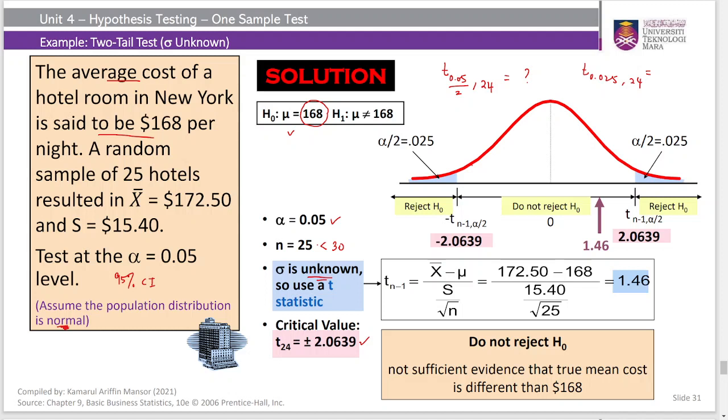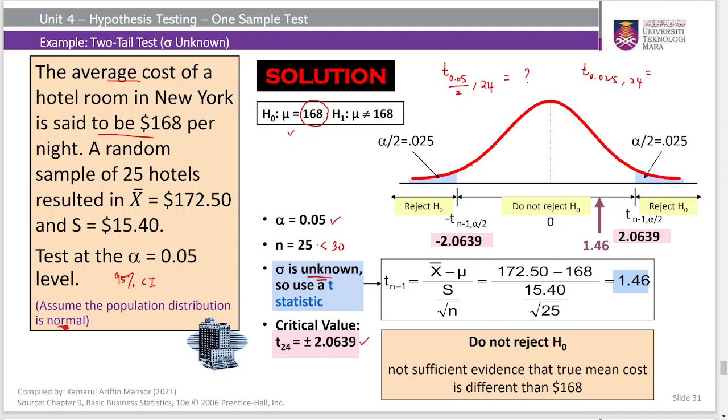So you have only one value. You don't have two values because this is symmetrical, right? So what you need to do right now is to compare the statistic value with the critical value and check whether the t statistic value is inside the rejection region or outside of the rejection region.